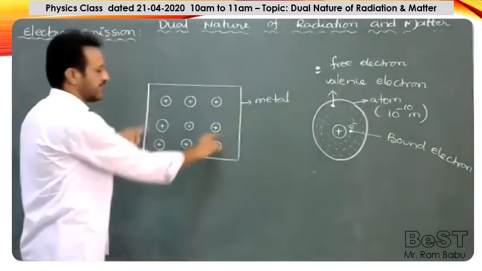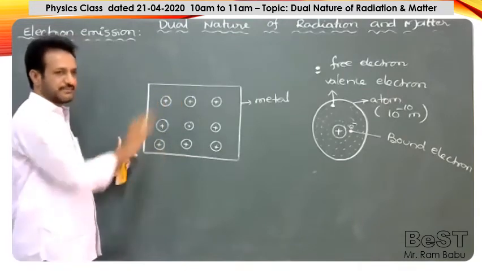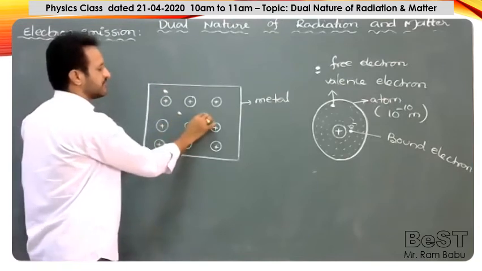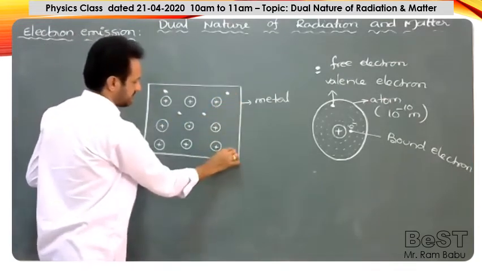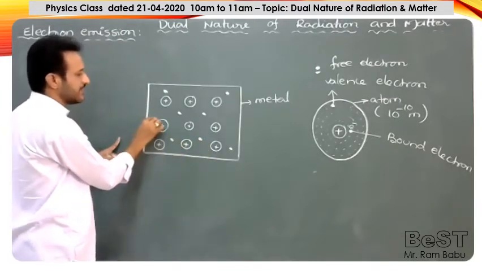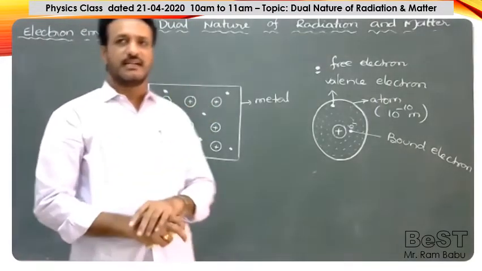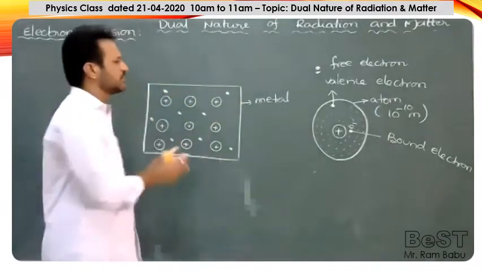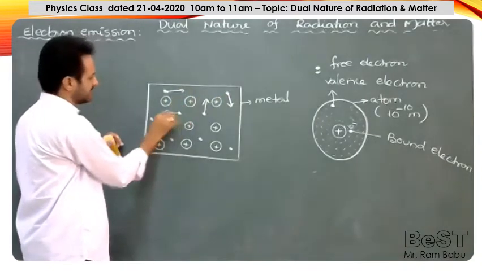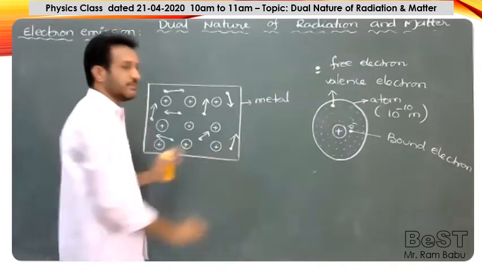For example, at room temperature or at a low temperature, the valence electrons may leave the atom and move randomly throughout the metal. But no electron would leave the metal surface.